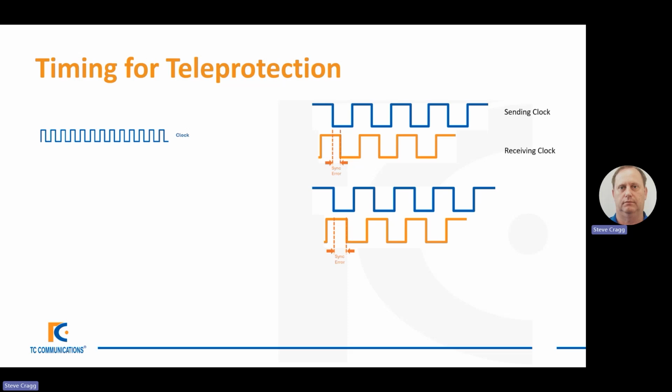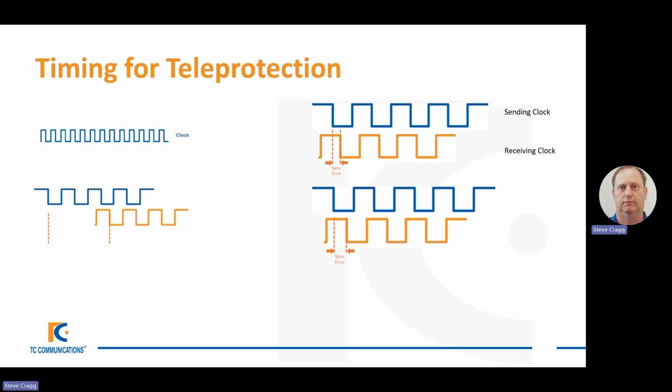If it gets delayed some more, it gets more out of sync. And what happens if it's out by many cycles? I'm showing here it's out by about 3 cycles. Looks like the synchronization error is going to be really big, right?